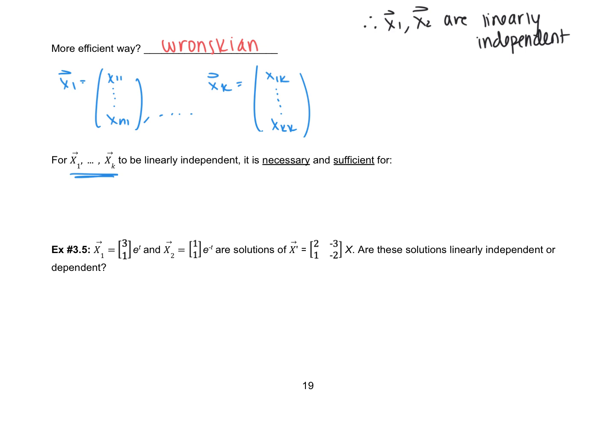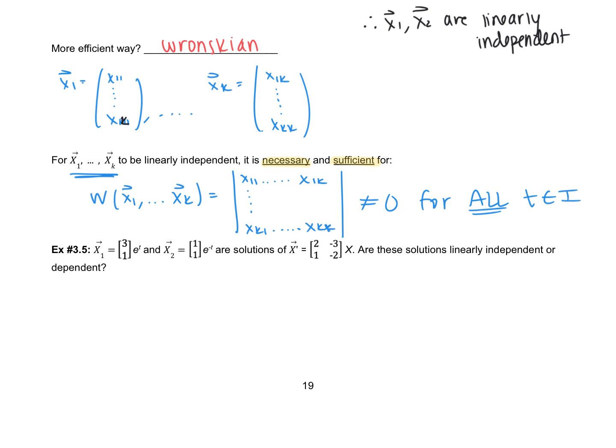For those solution vectors x1 to xk to be linearly independent, it is both necessary and sufficient for the Wronskian of x1 to xk, which is the determinant of the matrix x of 1, 1, all the way to x of 1k, (I used the incorrect notation above, that should be a k), and then going down to x of k1, all the way to x of kk, that Wronskian should not be 0 for all t in our interval.